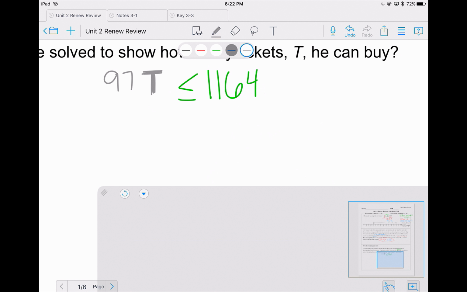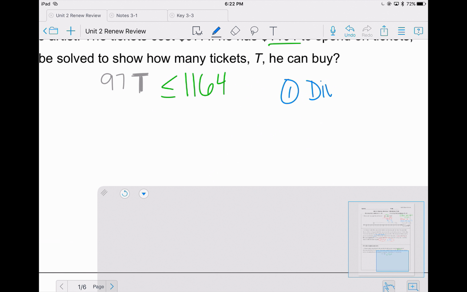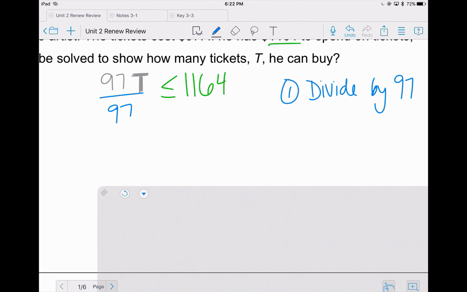In order to solve, we are going to divide by 97 on both sides. When we do, because 97 is positive, we don't worry about flipping our sign. So the 1,164 divided by 97 is 12.